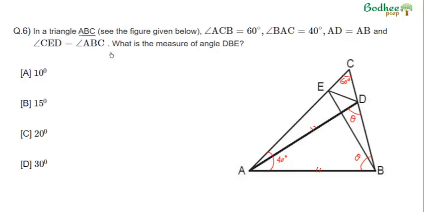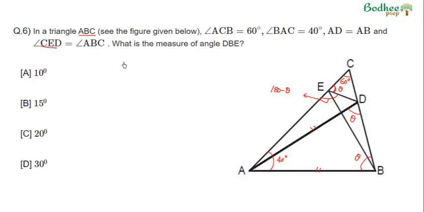Correct? Now we have been given that angle CED is equal to angle ABC. We have already assumed that angle ABC is theta, so this is also equal to theta, right? Now, if you observe closely, then we can see that this much angle would be equal to 180 minus theta. Why so? Because this is theta and this is a straight line.